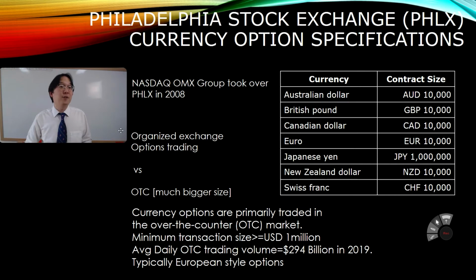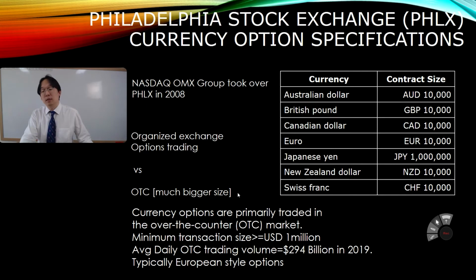The Philadelphia Stock Exchange currency options specification is shown here. NASDAQ OMX Group took over the Philadelphia Exchange in 2008. The organized exchange for option trading versus OTC is there for you in the option market.